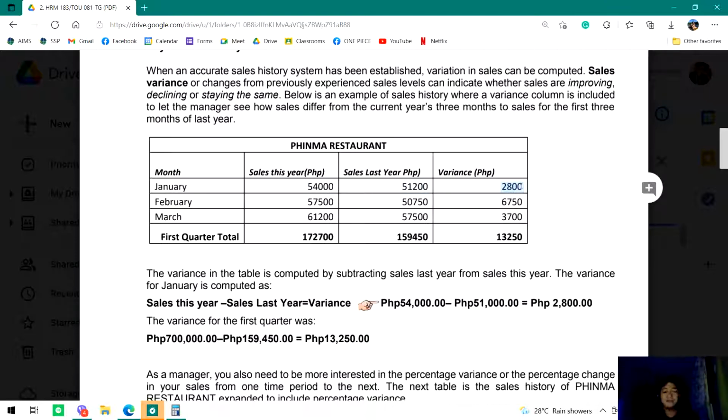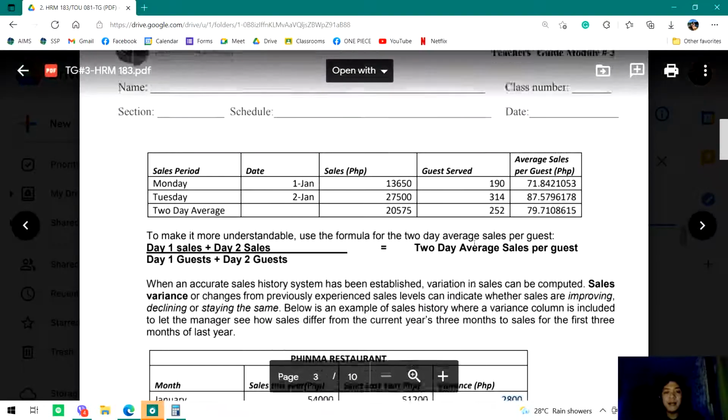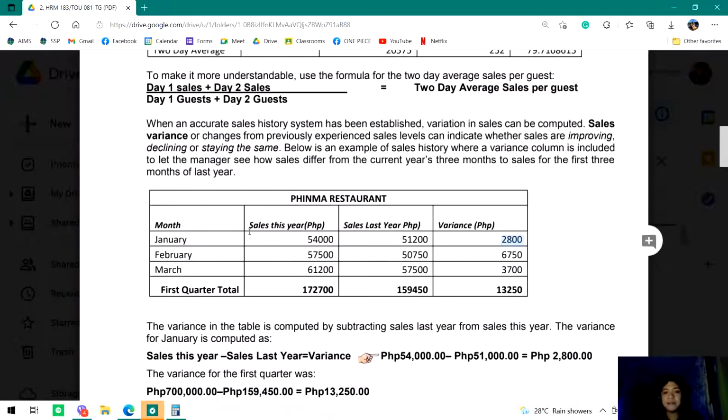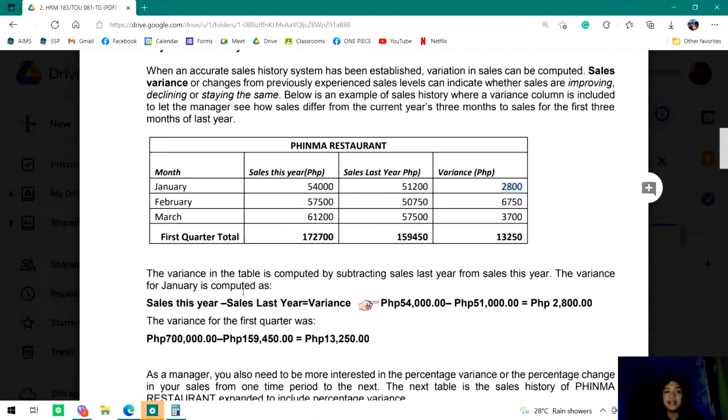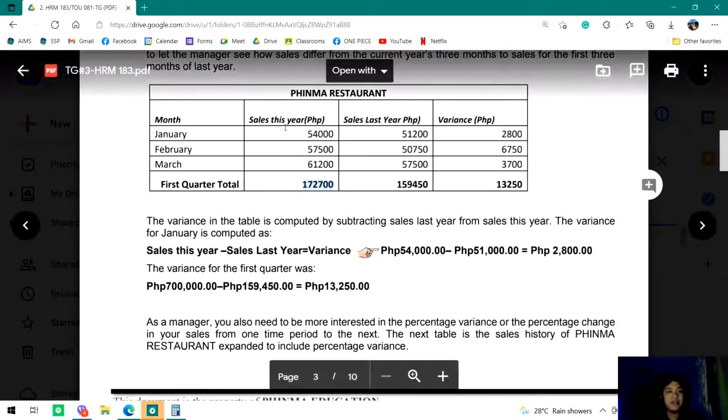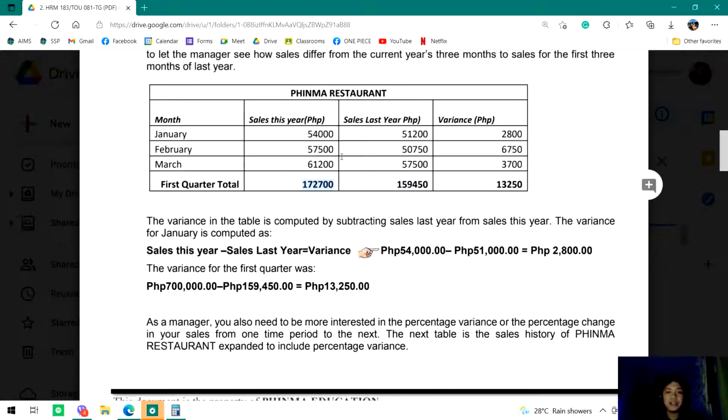So it's that easy. Remember the formula for sales variance. Remember, the formula for average check is sales divided by guests. For variance, it is sales this year minus sales last year, to get the variance, which is 2,800. The variance for the first quarter, just add everything in sales this year minus the total amount of sales last year.